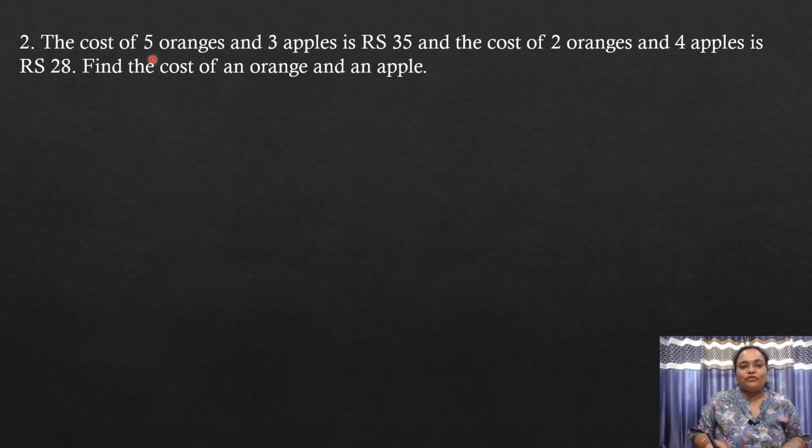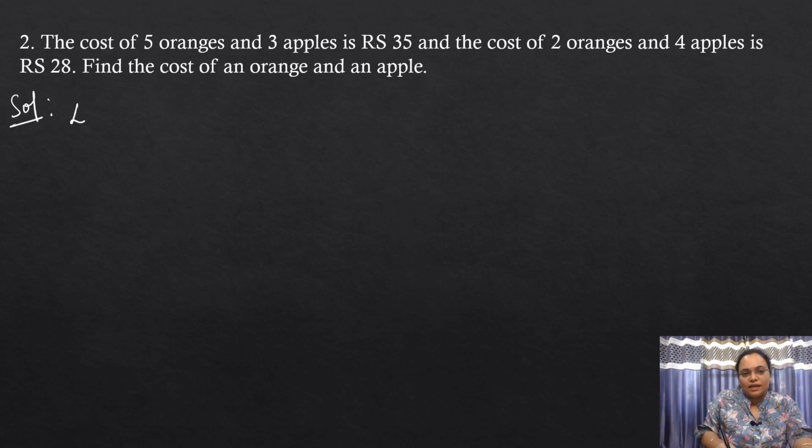Let us solve a word problem. The cost of 5 oranges and 3 apples is rupees 35, and the cost of 2 oranges and 4 apples is rupees 28. Find the cost of an orange and an apple.